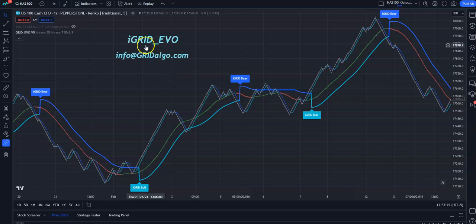So there you have it. The iGrid Evo advanced indicator with two-dimensional smoothing, unique math, just in a different realm than old school typical indicators. And grid trading is a very effective way to make much higher profits than static trading.